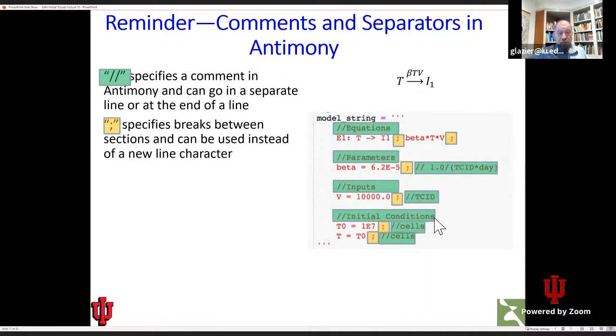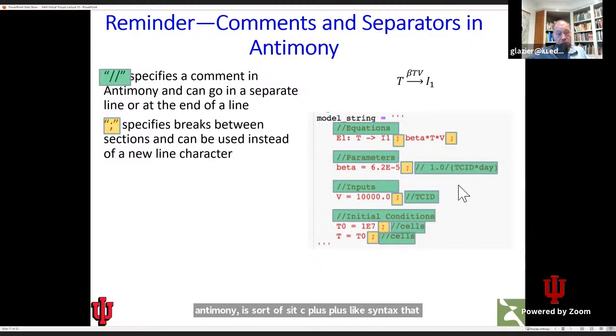Antimony has a sort of C++-like syntax. It uses a semicolon as a delimiter. And you don't need carriage returns, although you can use them. So you could write your Antimony string as one long line with no carriage returns in it. But you do need the semicolons as delimiters.